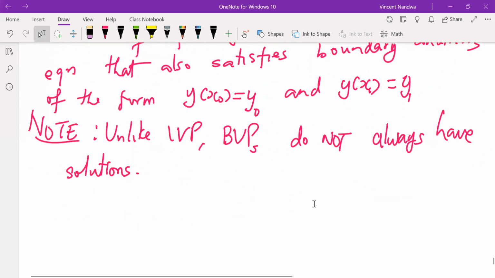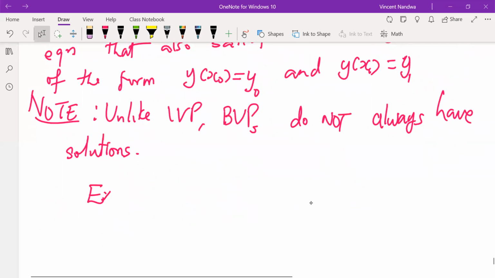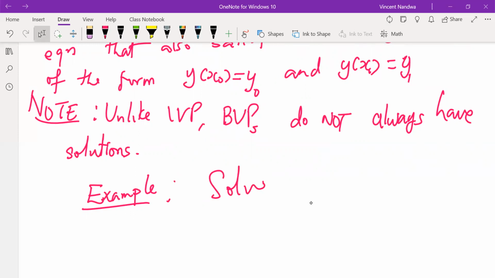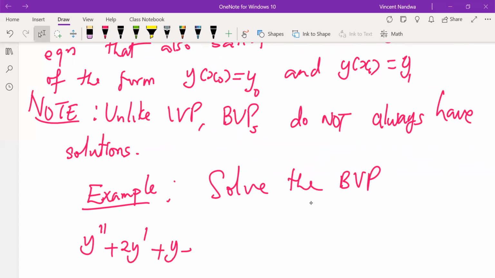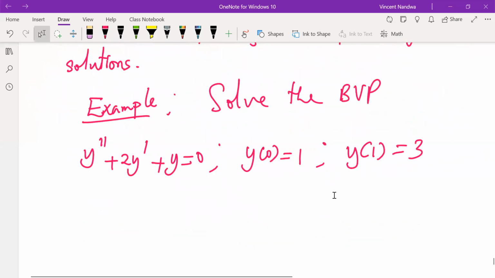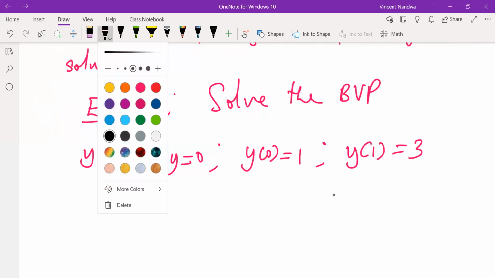Now let's give an example. Solve the boundary value problem y double prime plus 2y prime plus y equals 0, subject to y at 0 is 1 and y at 1 is 3. So as usual, we get the general solution.